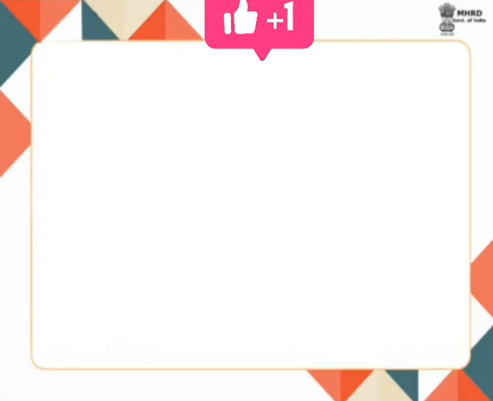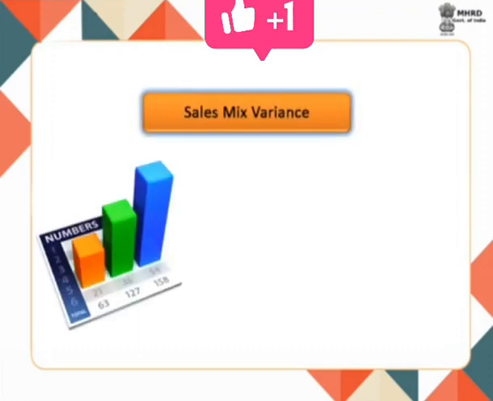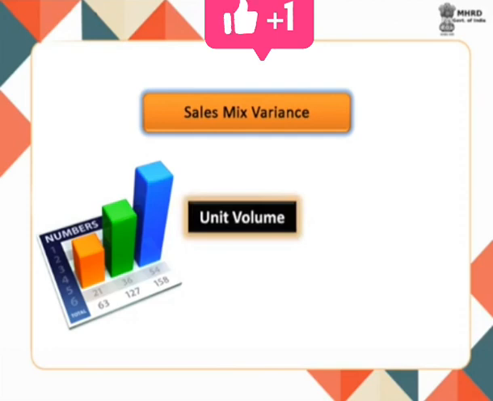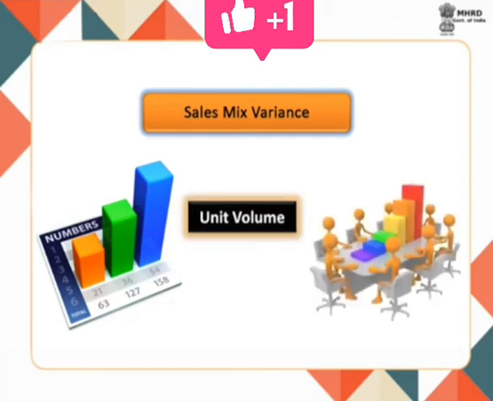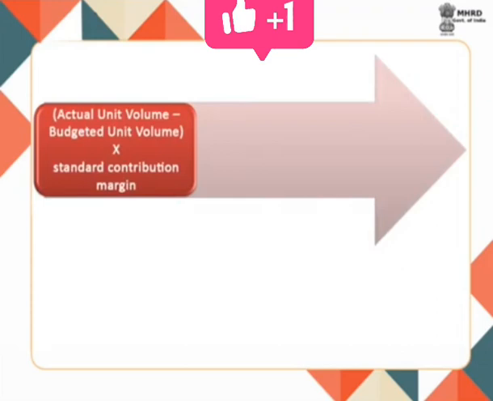A cost accounting variance called sales mix variance is used to measure the difference in unit volumes in the actual sales or product mix from the planned sales or product mix. This can be calculated on the basis of certain steps. Number 1, subtract budgeted unit volume from actual unit volume and multiply by the standard contribution margin.